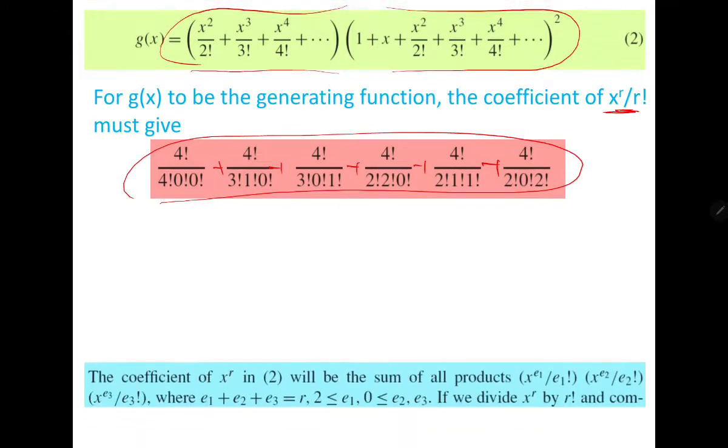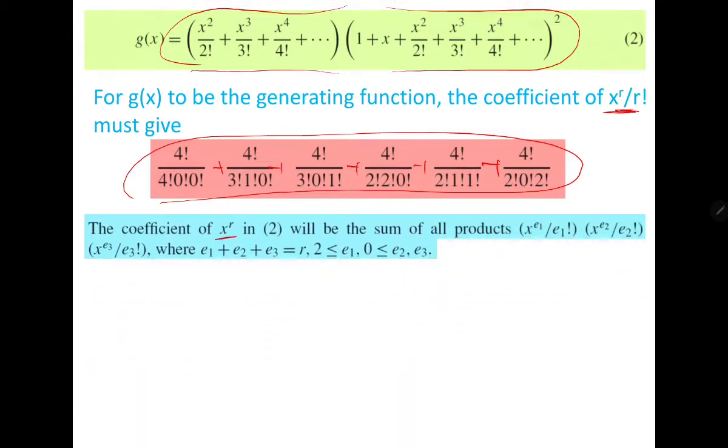So if you look here, then the coefficient of x raised to the power r will be the sum of all products. If I am looking for x raised to the power r, then from this bracket I will get x raised to the power e1 by e1 factorial. From the second bracket I will get x raised to the power e2 by e2 factorial.